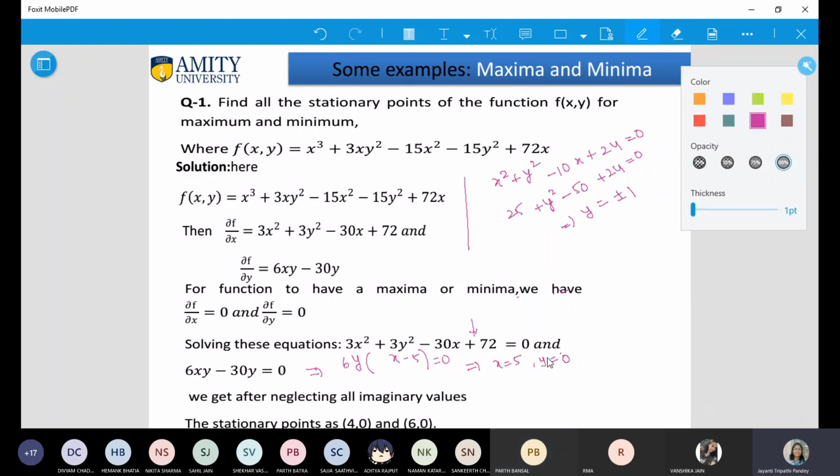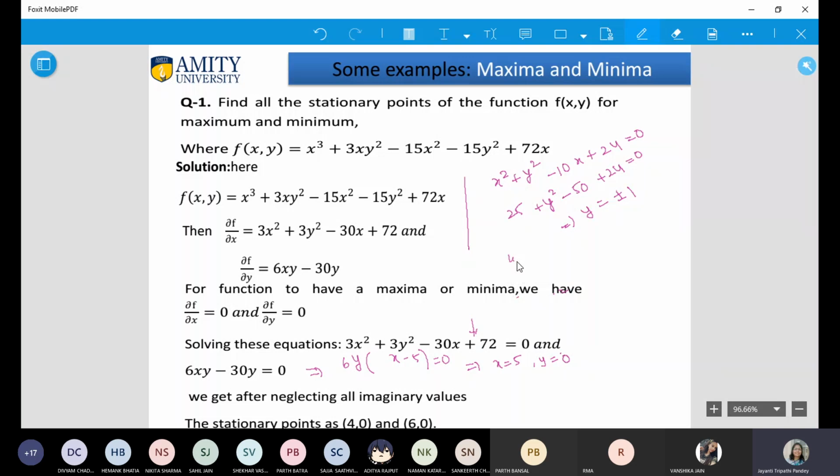When you put y as 0, then you have x square minus 10x plus 24 equals 0. So x is 6 comma 4. So that means you are getting two sets of values.